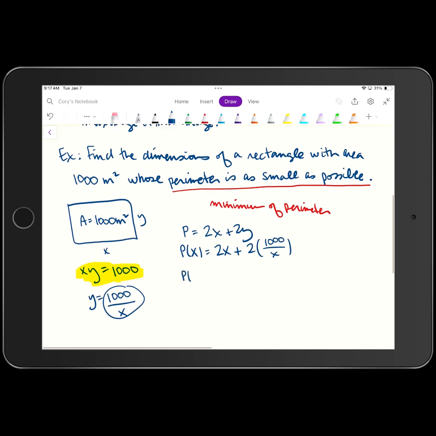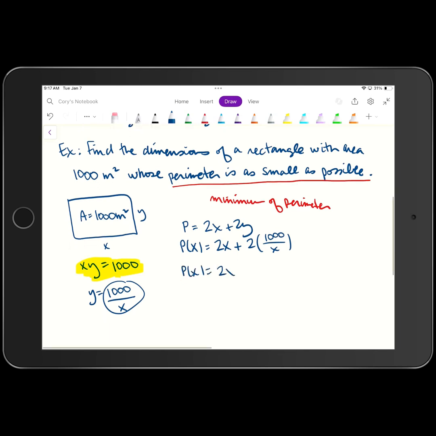Okay, which makes perimeter as a function of x equal to 2x plus, I'm going to rewrite that second product as 2000x to the negative 1 power, because that's going to make the calculus as easy as possible for myself. Now, we know that for this perimeter function, x cannot be equal to 0.